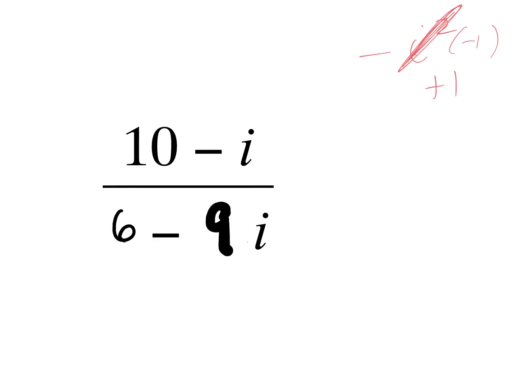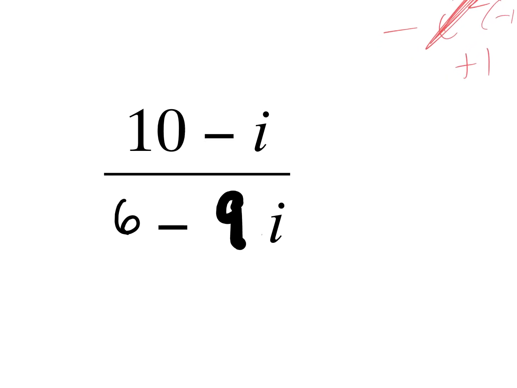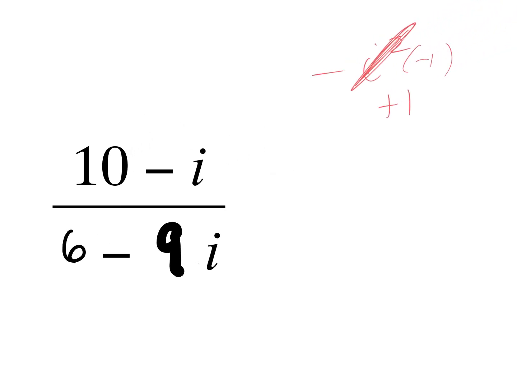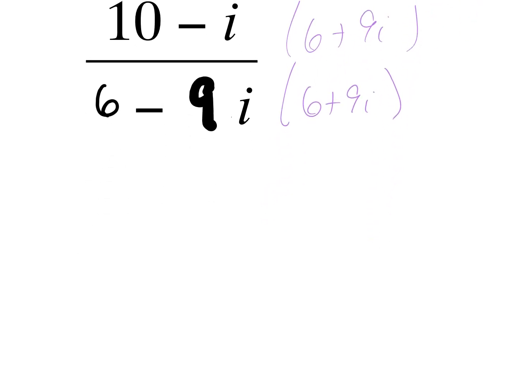All right, I changed this one, so just fix it on yours. Standard form of a denominator, perfect. So what is the complex conjugate of 6 minus 9i? 6 plus 9i. Good. So let's work on the denominator first, just to make sure we're good. 6 times 6 is 36. 6 times 9i is 54i.